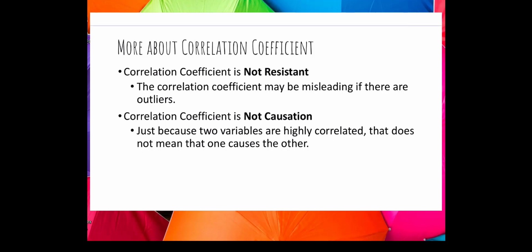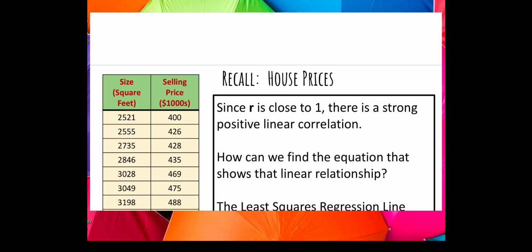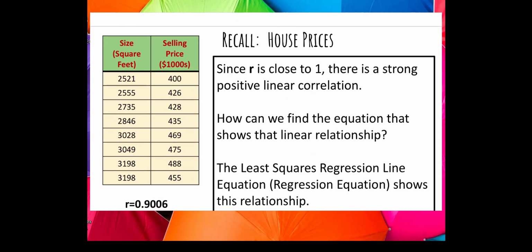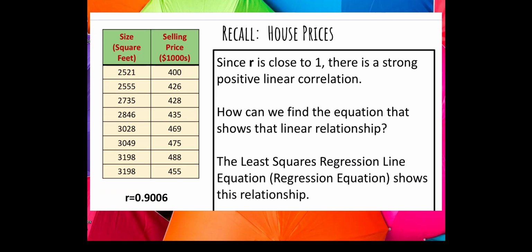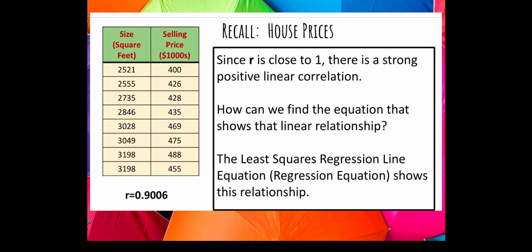That's important to note. So let's go back to the house price example. I'll just go ahead and show you now. I haven't shown you how to find it yet, so no one panic. But the R in this case is 0.9006.